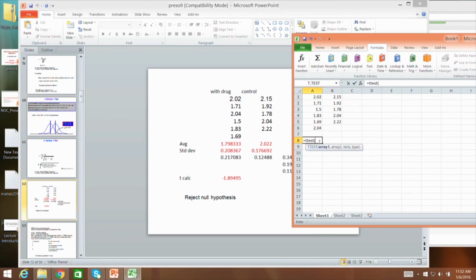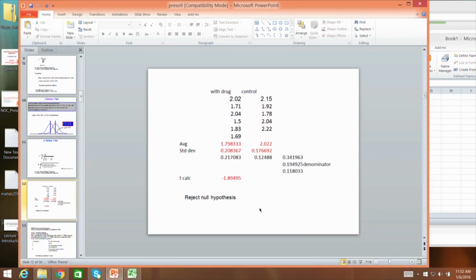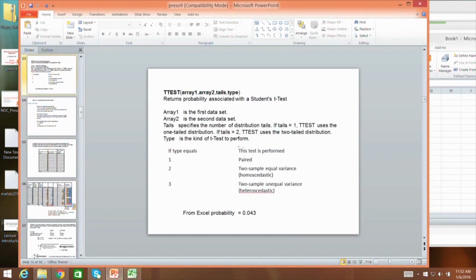So we use the same command TTEST. We give the first data set, and then comma, we give the second data set, then comma, the tails, and then the type, so we can give equal variance or unequal variance. So if I put 3, I get 0.043, so I have given it as 3, that means unequal variance.